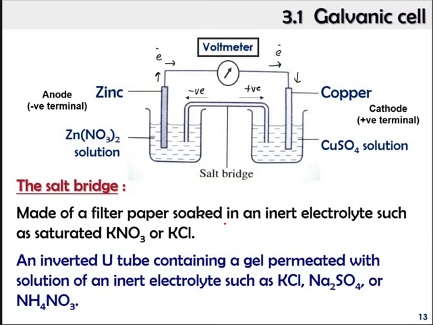Alright, so ada dua pilihan. Biasanya di college kita menggunakan filter paper sahaja. Kita rendam dalam KCl ataupun KNO3 solution, and then kita akan immerse dalam kedua-dua solution di sini. Okay, kita just letak sahaja between the two electrolytes.